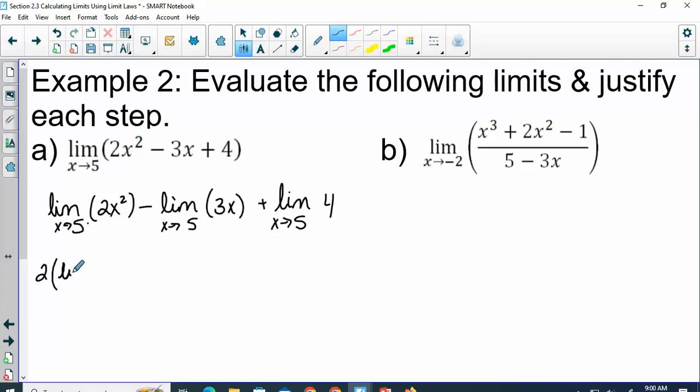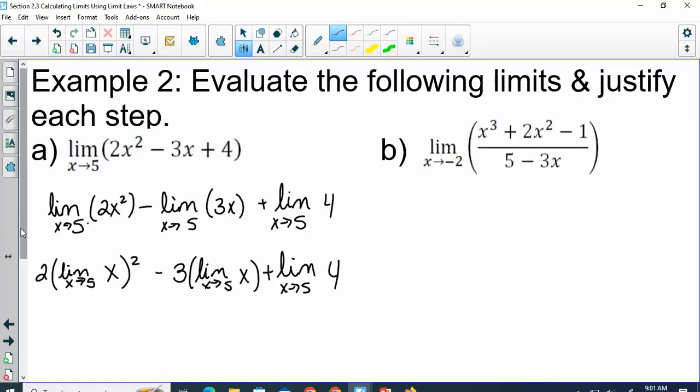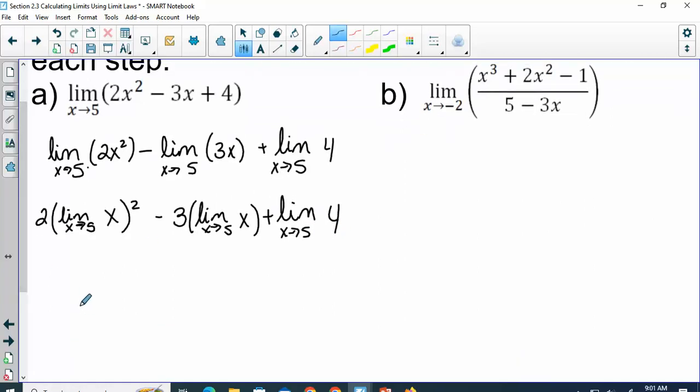So we could do 2 times the limit as x approaches 5 of x, and then square that. Minus, we can pull out the 3, so we have 3 times the limit as x approaches 5 of x, plus the limit as x approaches 5 of 4. It's kind of annoying, but we are one step from the answer.